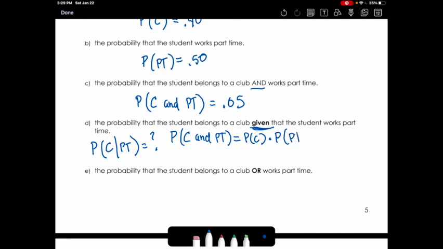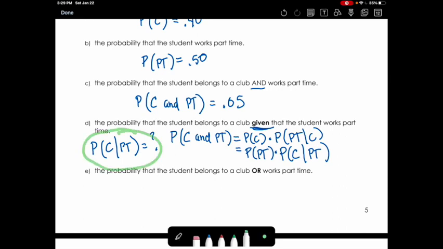Using the multiplication rule, we would have the probability of C times the probability of PT given C, or I could write it like this, the probability of PT times the probability of C given PT. I could write it either way.